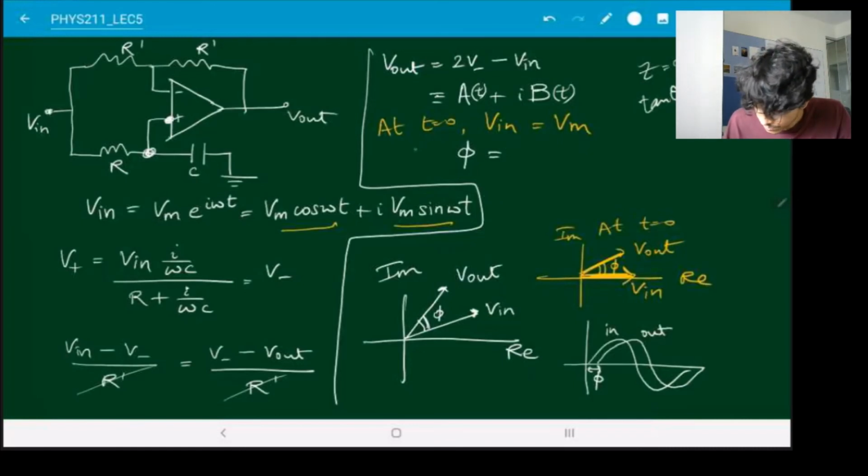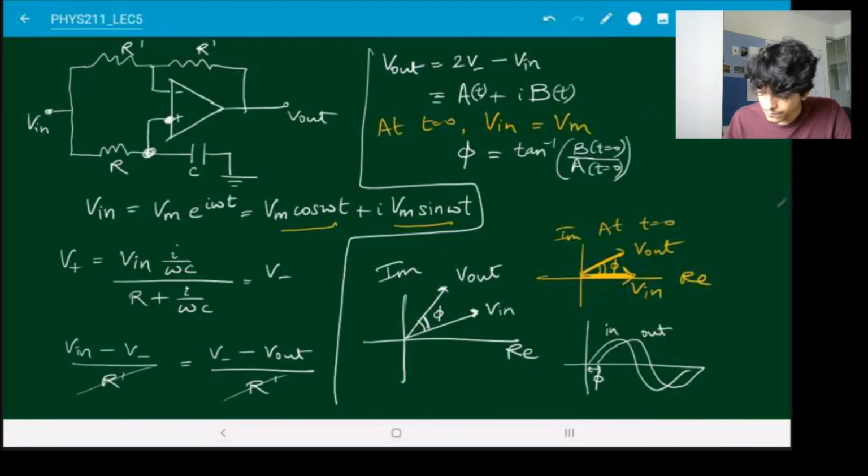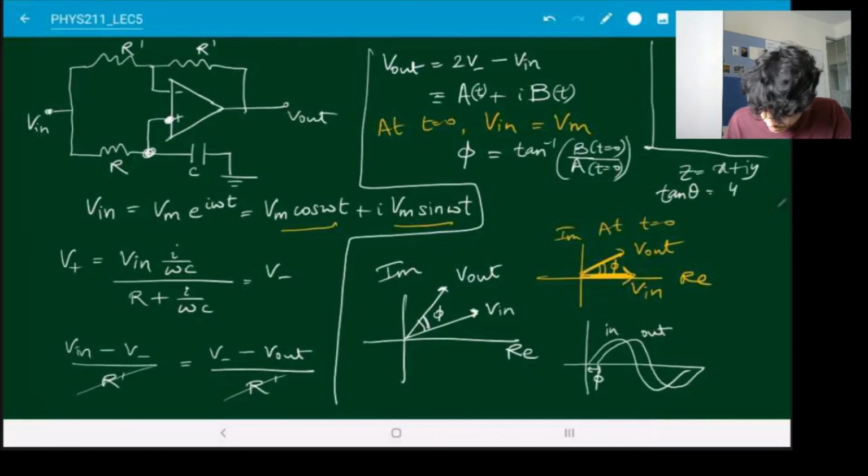So same here, I'm going to say phi is tangent inverse of B divided by A, but at t equal to 0, because that is the simplification that we have used. Oh, sorry, you couldn't see that. In general, for a complex number z equals x plus iy, tangent of the angle is y divided by x. That's what I had written earlier. So that's why over here I have the imaginary part B divided by the real part A at t equal to 0.